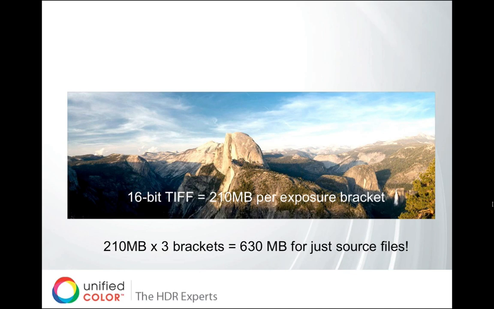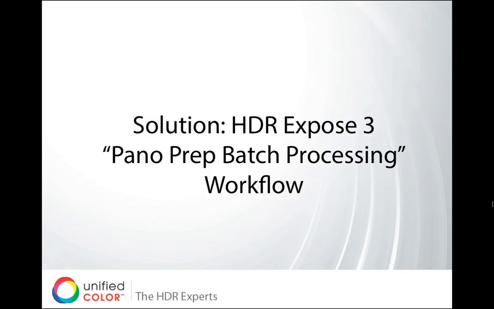And again, this is a 12 megapixel camera that's kind of dated. If you're working with a Canon 5D Mark III or a Nikon D800, this amount of data can really bring even the most powerful computer to its knees. So the workflow that we're able now to present with HDR Expose 3.1 is what I call Pano Prep Batch Processing workflow.